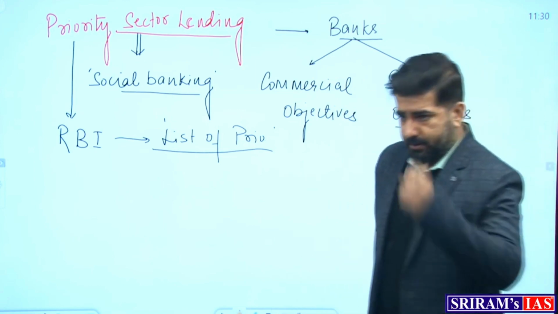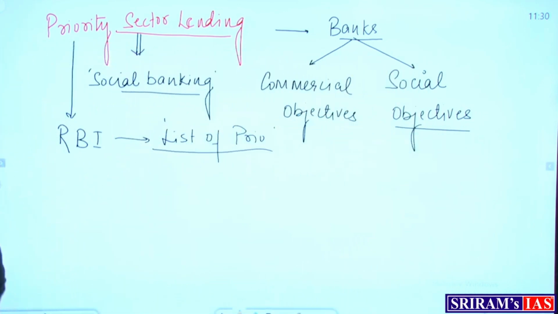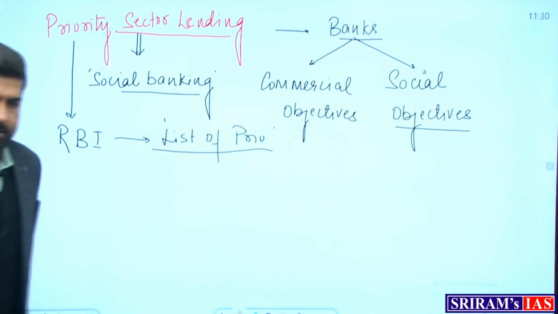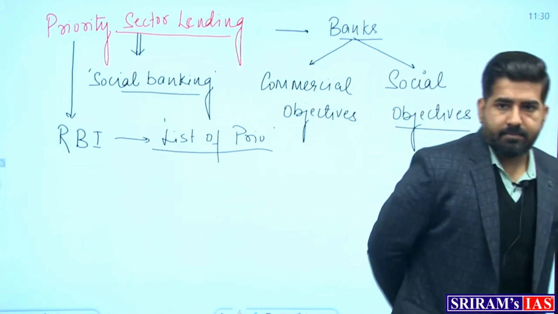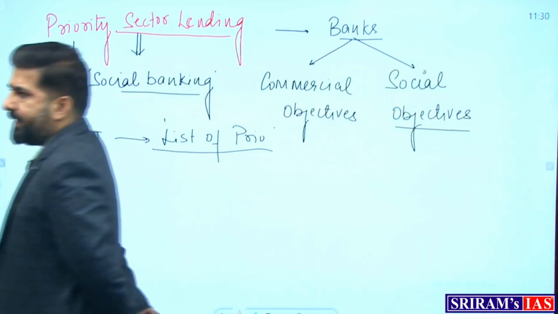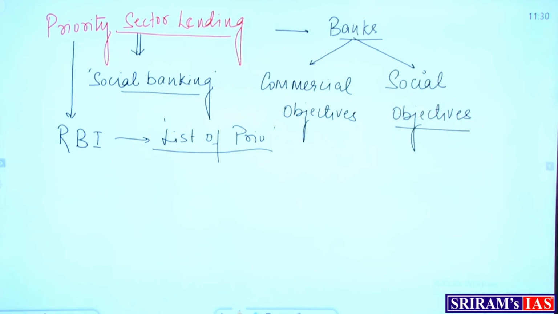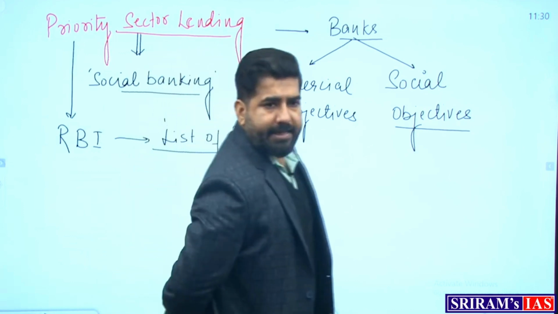Small finance bank, how much? 75%. फोर्थ पेमेंट बैंक, कितना होगा पेमेंट बैंक का? Yes, they don't lend, so that means zero. ठीक है, payment banks zero. In bracket, if you like, for your convenience, you can write can't undertake lending.